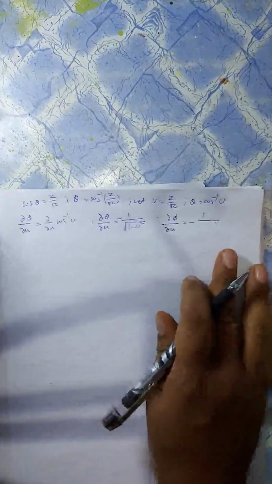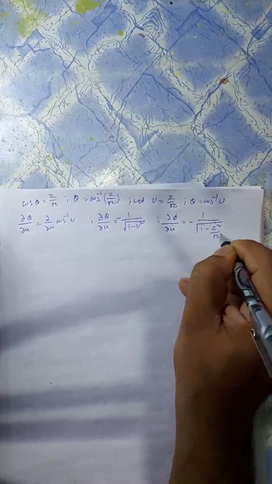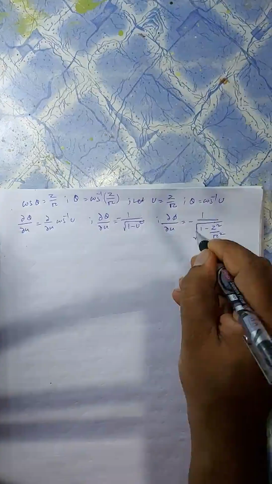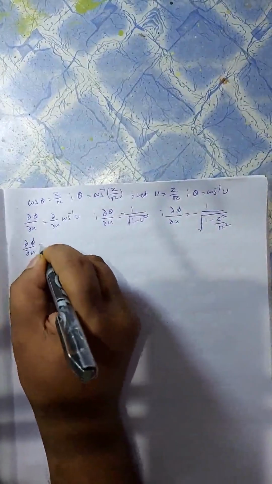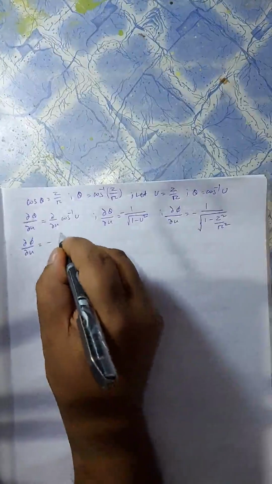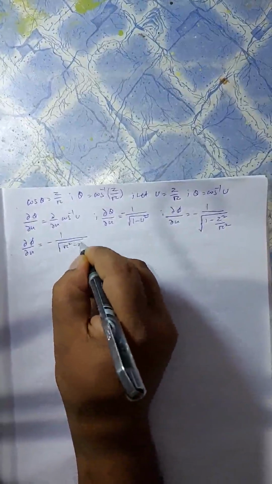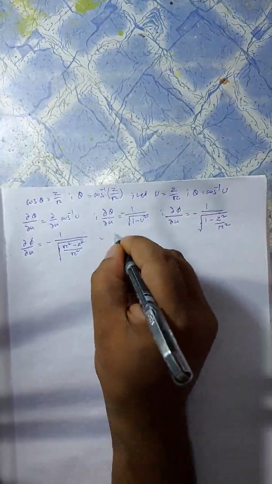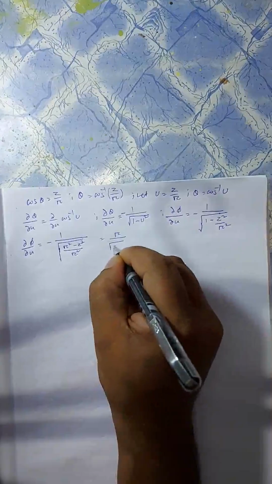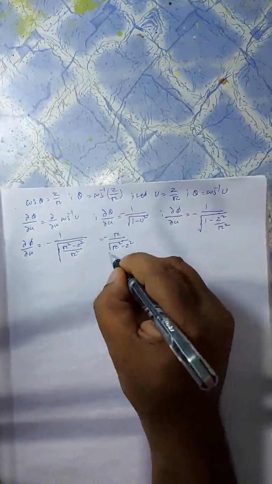Minus 1 by square root of 1 minus z square by r square, which is minus 1 by square root of (r square minus z square) divided by r square. You go up, it becomes r by square root of r square minus z square.